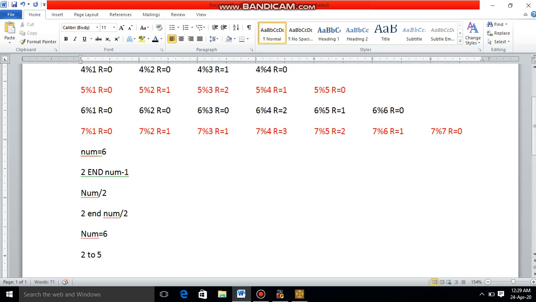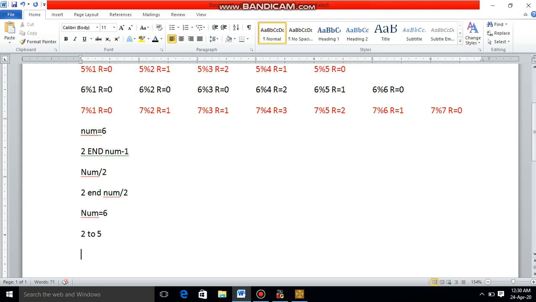For example, 5 divided by 2, I get a quotient 2.